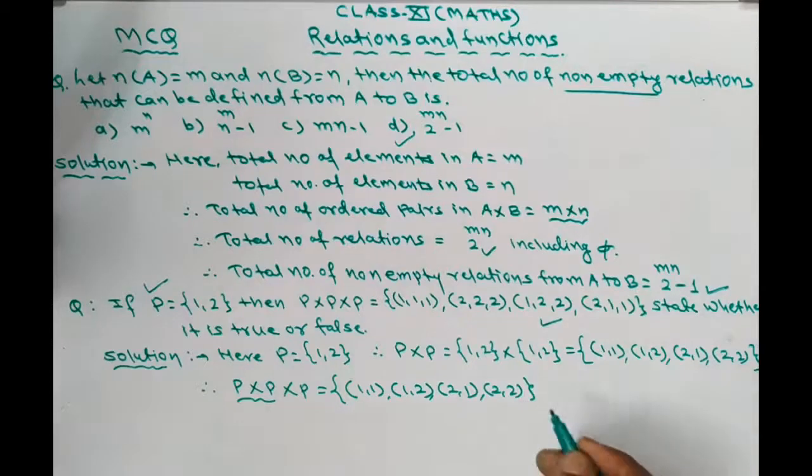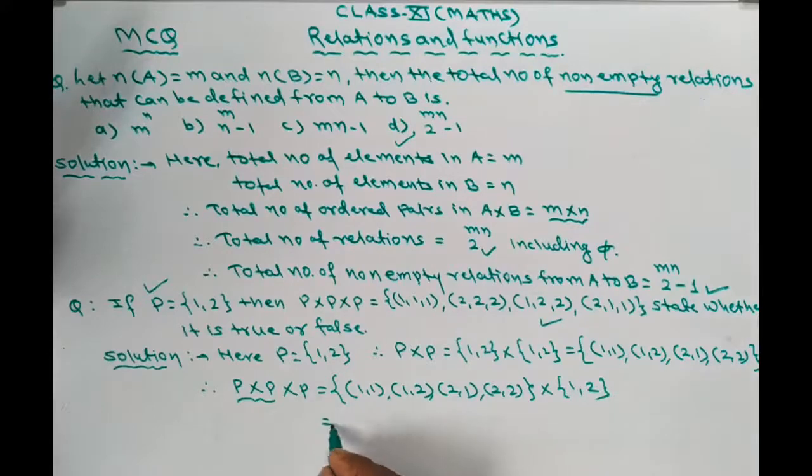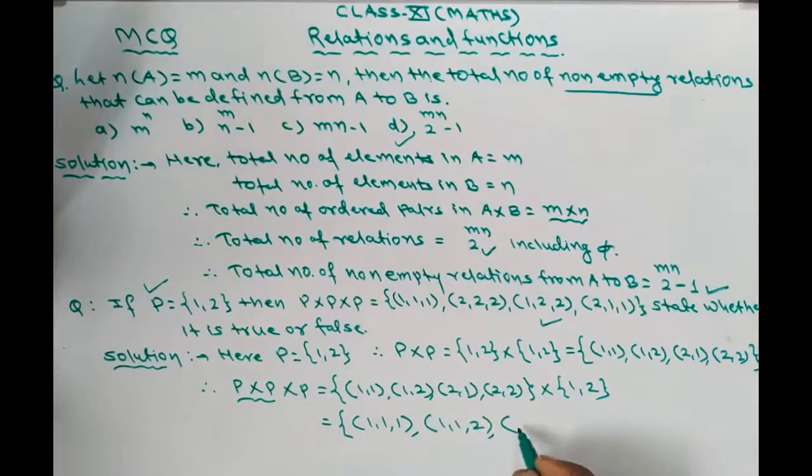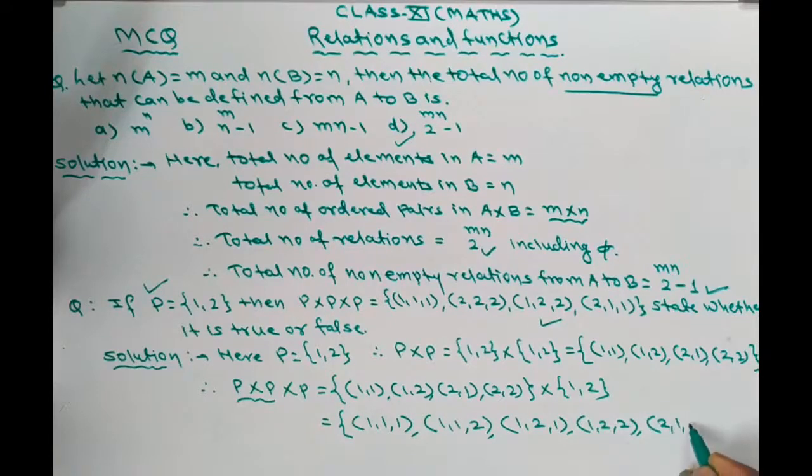Now these are the elements of this set, cross {1, 2}. Now find p cross p cross p. So this will be (1,1,1), (1,1,2), then (1,2,1), (1,2,2), then (2,1,1), (2,1,2), then (2,2,1) and (2,2,2).